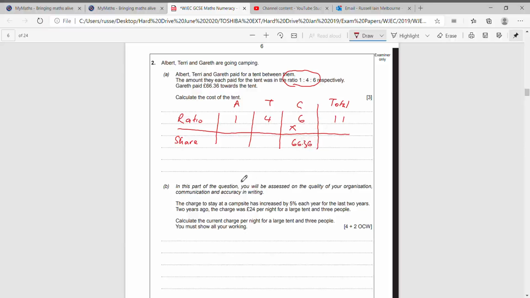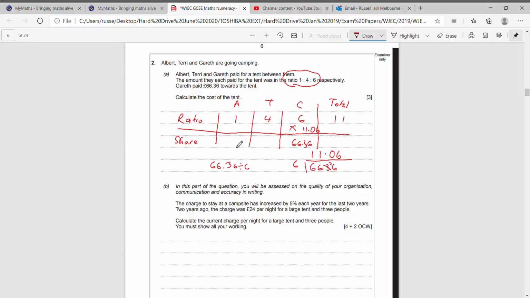Now we've got to do the reverse of that, because the easiest way is to do 66.36 divided by 6. So I'm just going to set up my bus shelter. 6 into 6 is 1, 6 into 6 is 1. Put the decimal point down. 6 into 3 doesn't go, so it's 0, and we've got 6 into 36 is 6. So we've got times by £11.06.